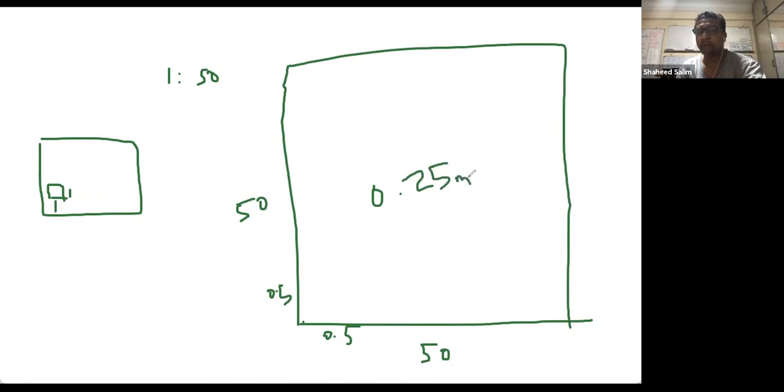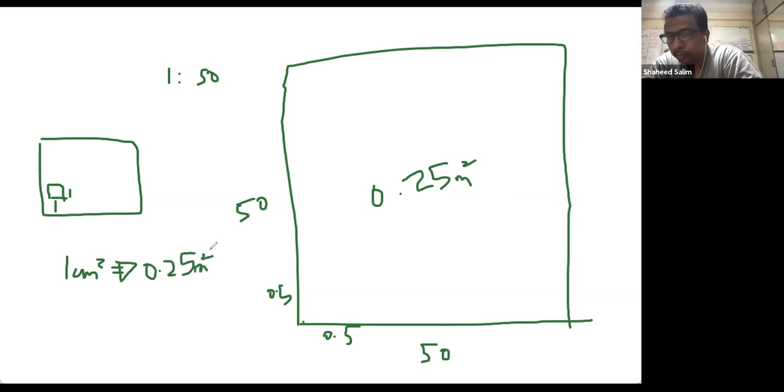Can you see? So 1 square cm, sorry, you don't use equal, we use represents, 0.25 square meters. This part you get it? Yeah. You sure not?